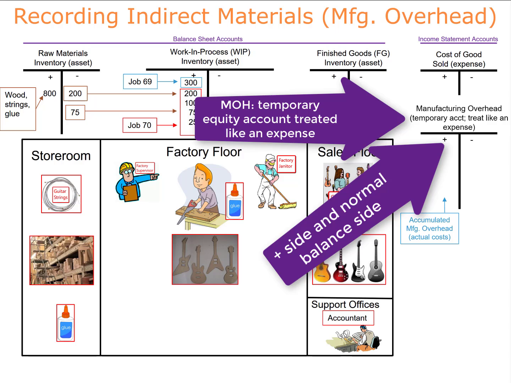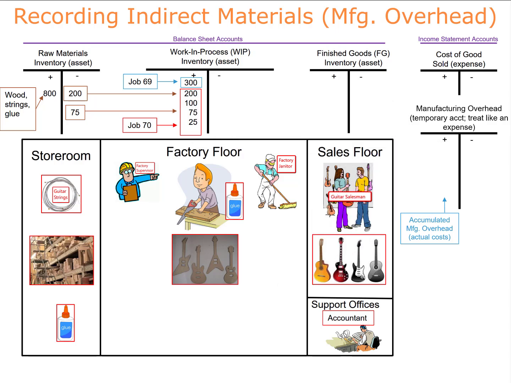These are costs like indirect materials, like the glue, indirect labor, like the factory janitor, factory depreciation, factory utilities, factory insurance, factory property tax, etc. These are all the factory costs that cannot be directly traced to a job. Then as jobs are finished, we will credit the manufacturing overhead costs to lower it and allocate the manufacturing overhead to specific jobs based on the job size so that each job gets its share of manufacturing overhead costs.